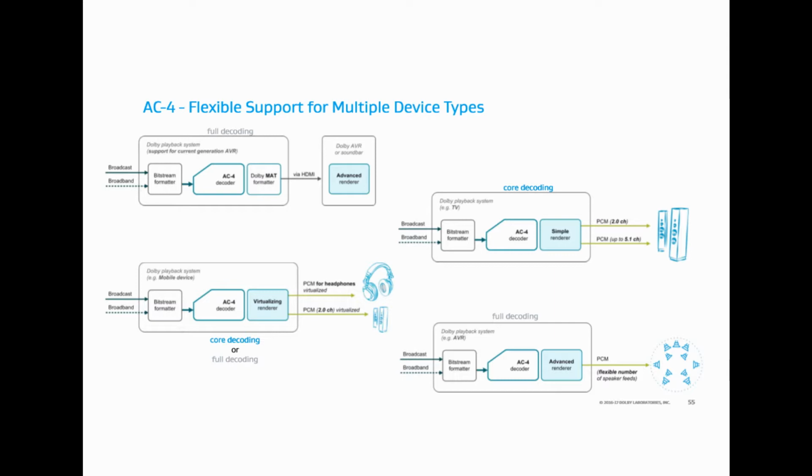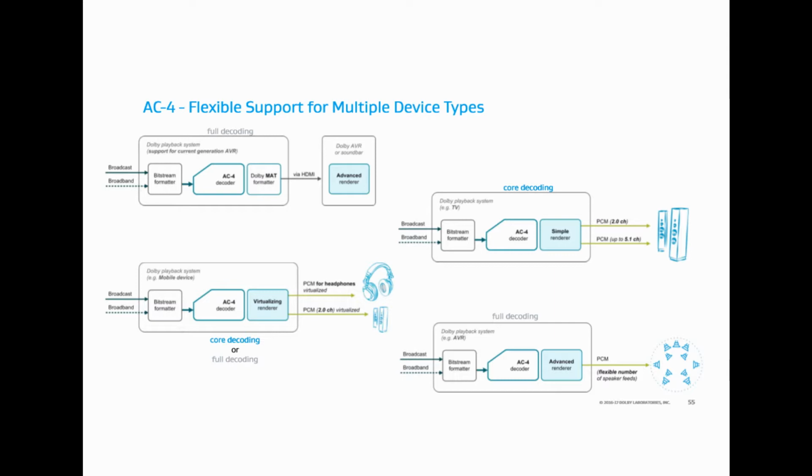And so the codec has the notion of an output rendering mode where we can render to an external device outside of the box we're decoding on. We can do simple renders to stereo speakers.